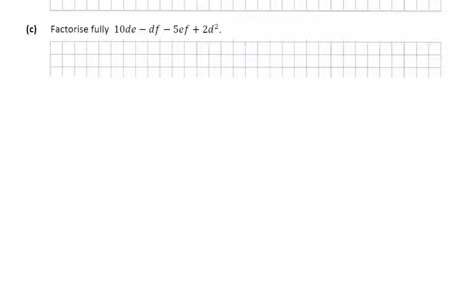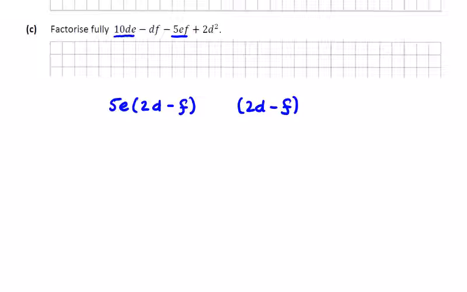Part C is a 4-term factorization. I'm going to put the first one and the third one together. There's a 5e in both of them. That would leave 2d to get 10de, and would leave a minus, and to get 5ef, we're missing an f. The key to these questions, the second bracket has to be the same, otherwise you've made a mistake.